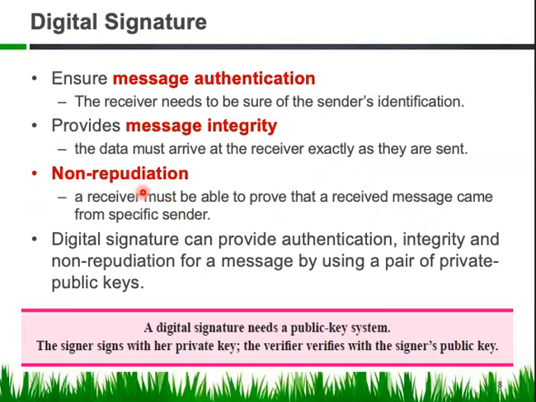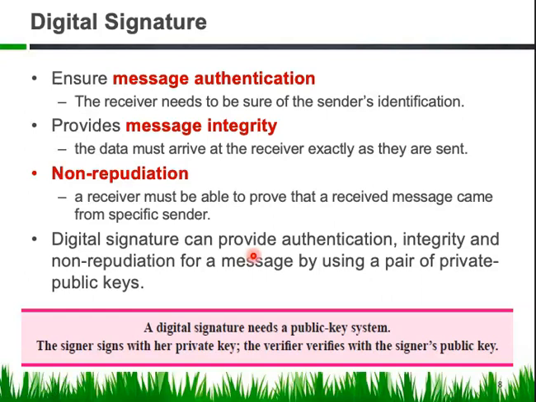Another one is non-repudiation, meaning a receiver must be able to prove that a received message comes from a specific sender. So a digital signature provides these three security services, authentication, integrity, and non-repudiation, for a message by using private and public keys. When Alice sends a message to Bob, Bob needs to check the authenticity of the sender. He needs to be sure that the message comes from Alice and not Eve.